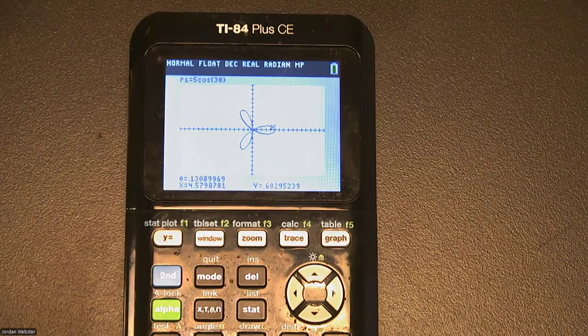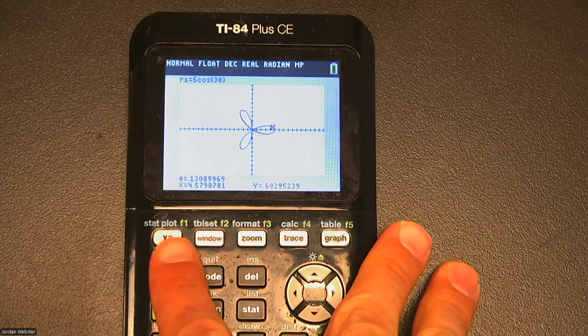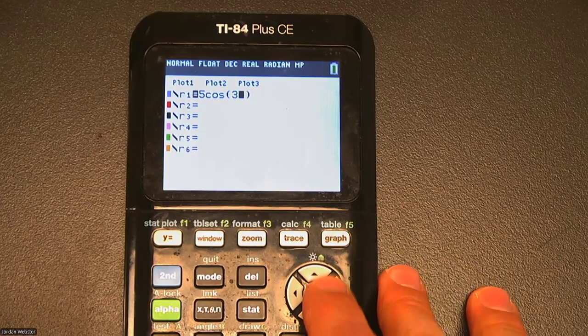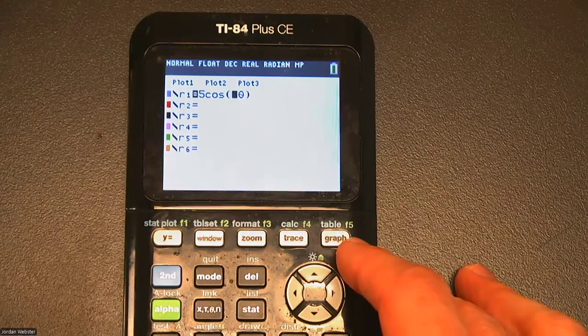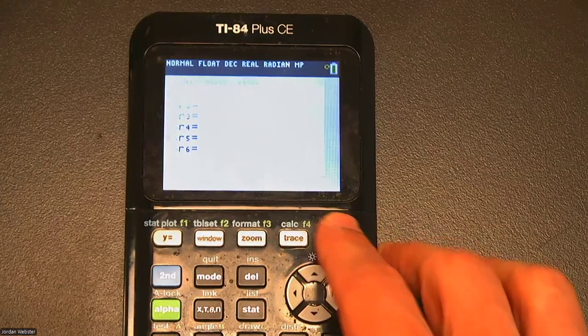How your calculator graphs functions like these is it basically connects the dots between points. And what that means is sometimes things look a little bit more straight line than they should be and not curved quite what they should be. Let's see what would happen if I did 7 theta.